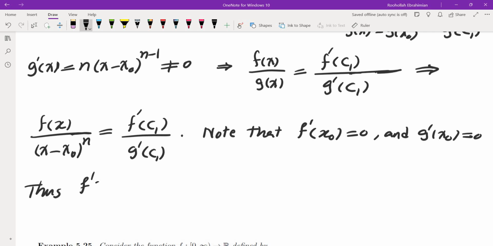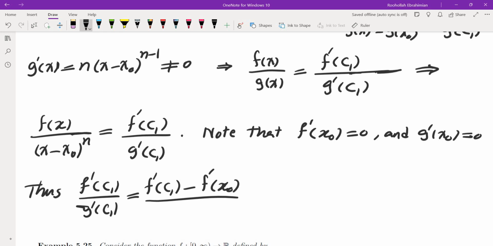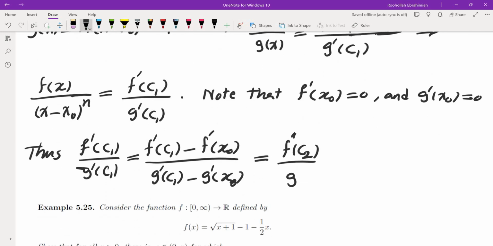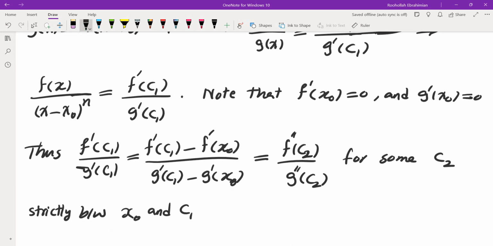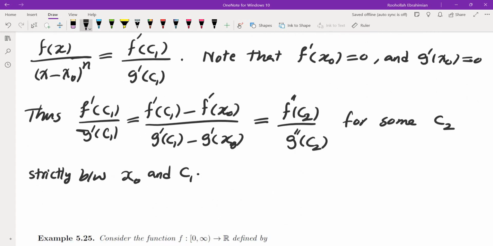Thus, f prime of c1 over g prime of c1 is going to be f prime of c1 minus f prime of x naught over g prime of c1 minus g prime of x naught. And this is going to be equal to, we apply the Cauchy mean value theorem again, f double prime of c2 over g double prime of c2 for some c2. So we can repeat this argument again.